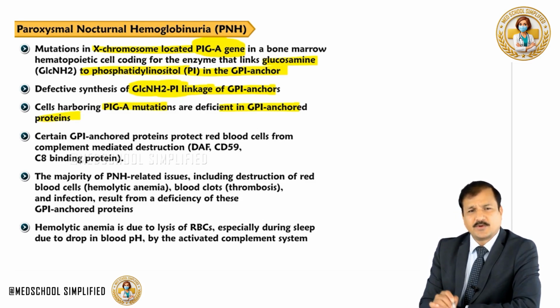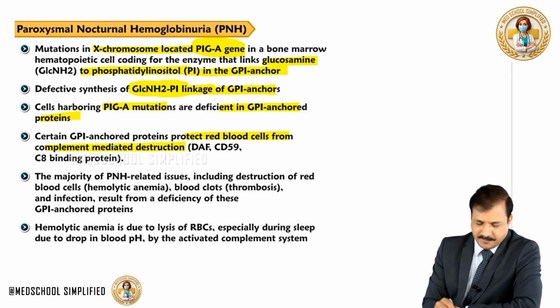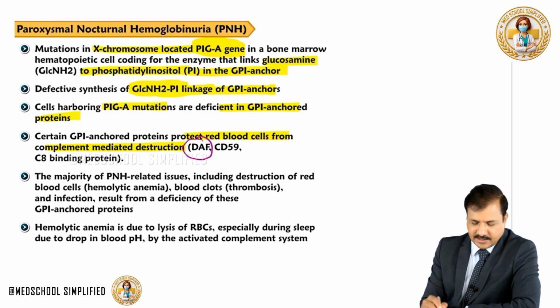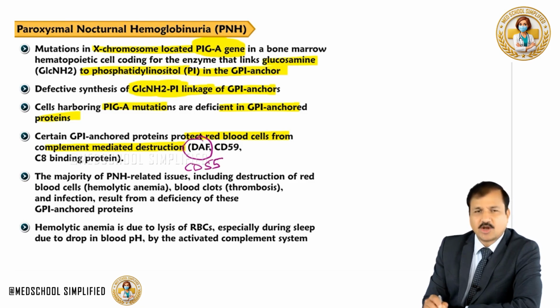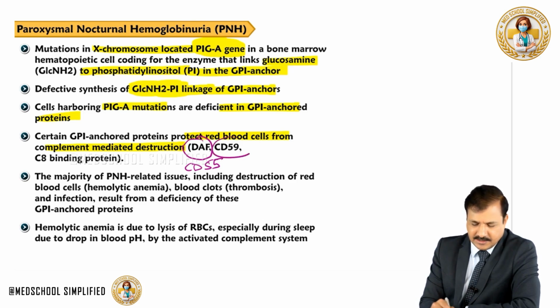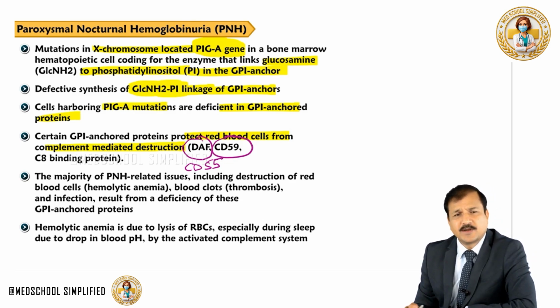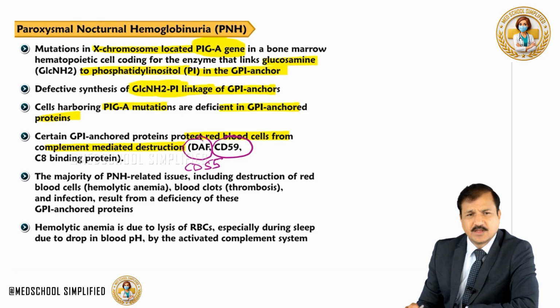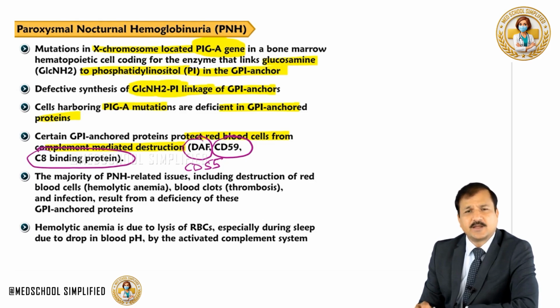And certain GPI anchored proteins are involved in protection of red blood cells from complement mediated destruction, and those, you must remember them, are DAF, that is decay accelerating factor, which is also sometimes referred to as CD55, and then CD59, which uses GPI anchors to protect red blood cells from complement mediated destruction, and C8 binding protein, that is complement 8 binding protein.